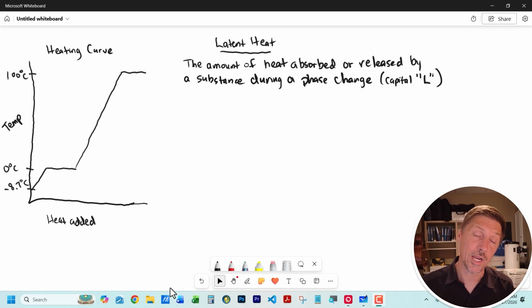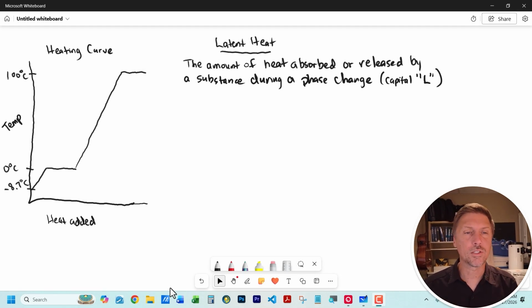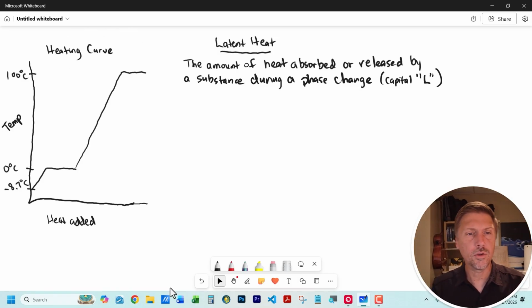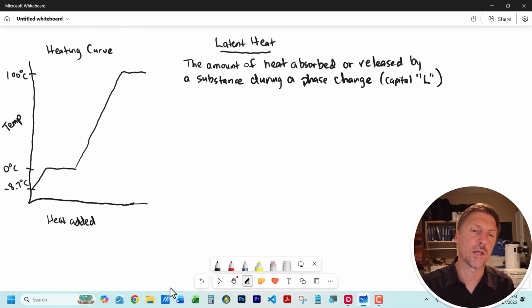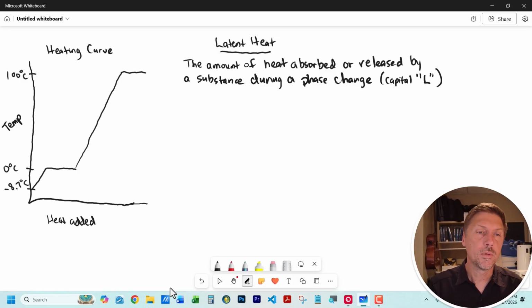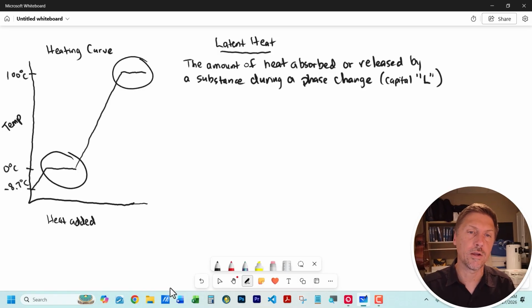So if you look at what we call a heating curve over here to the left, you'll notice that we've got these angled portions of the graph, but then we've got these flat areas right here.